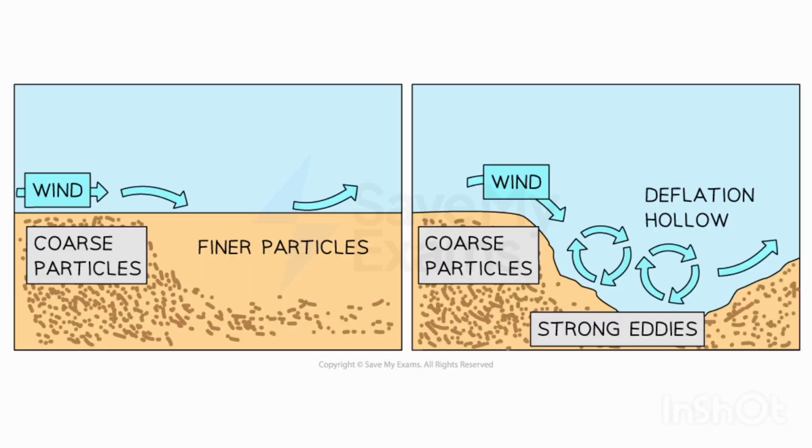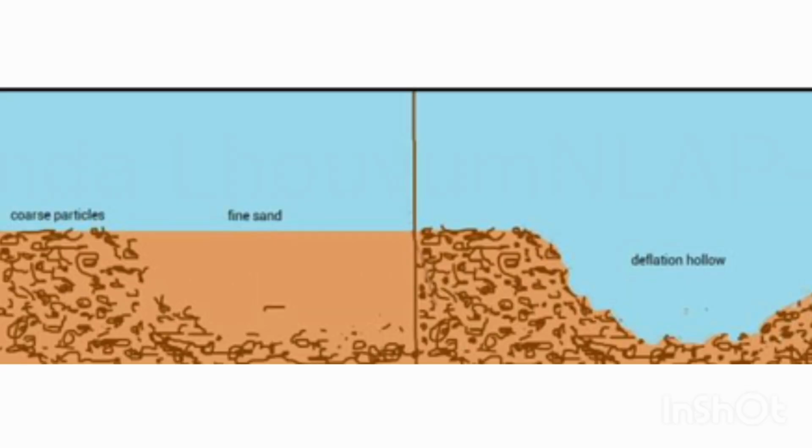So what do you mean by deflation? For example, as the picture shows, a whirlwind coming from one direction hits the dry sand, lifts up the sand, and moves it to another direction, where it settles in one place. That is what you mean by deflation.